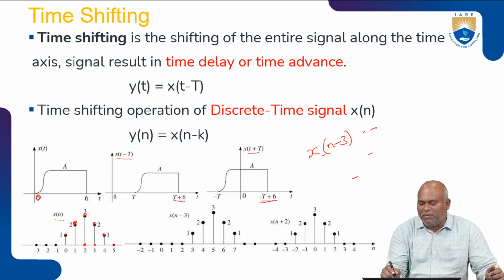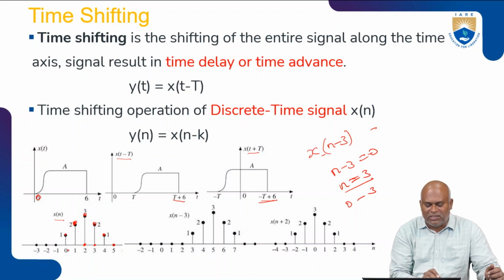So what will happen? n minus 3 equal to 0, then n equals 3. So the zeroth position is going to be shifted to the third position. See, the 0 here is shifted in our resultant signal to the third position.